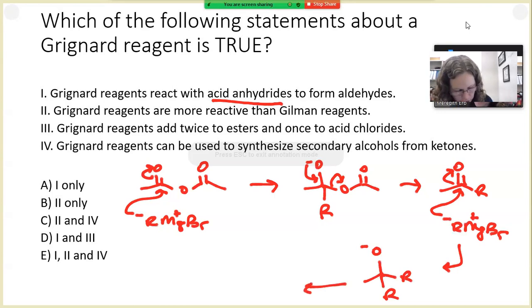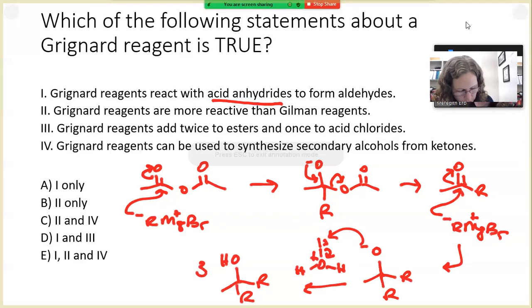And then the last step is just proton transfer, usually with some kind of an acid, for example. And in this instance, we make a tertiary alcohol as our product. All right, so this first statement we can say is going to be false because it doesn't make aldehydes, it makes a tertiary alcohol.